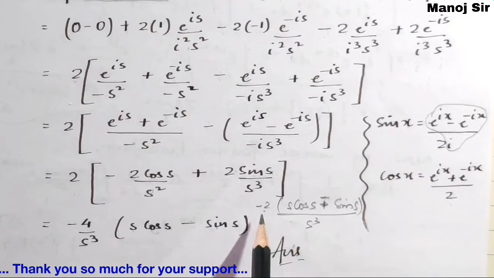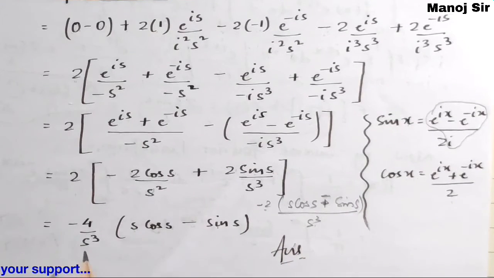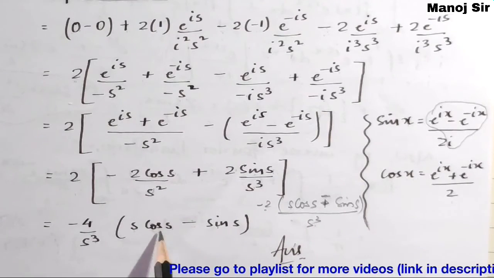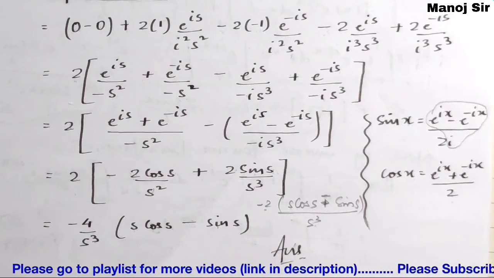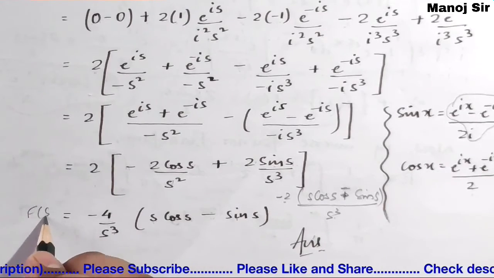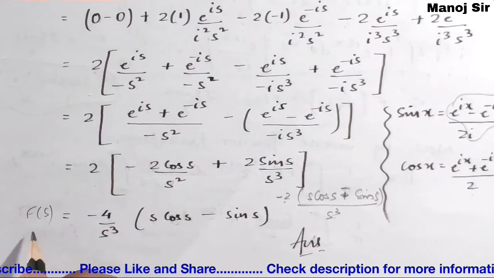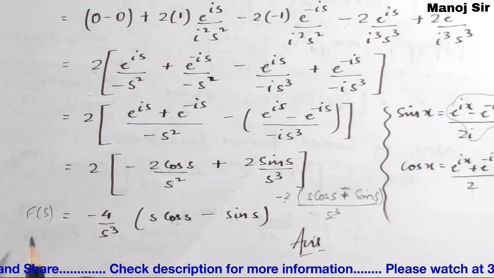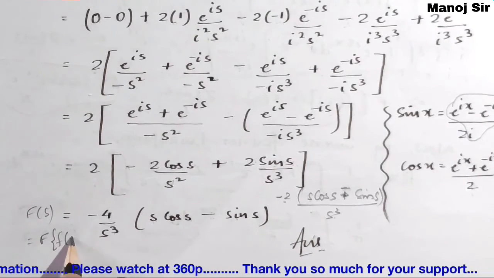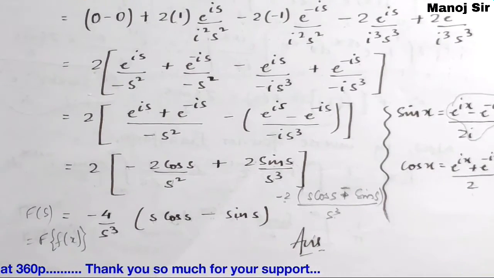Now minus 2 upon s cubed into 2 becomes minus 4 upon s cubed, and here we have s cos s minus sin s. And this is the Fourier transform of f of x. Here we can use capital S, or you can use Fourier transform for f of x. Both are correct.